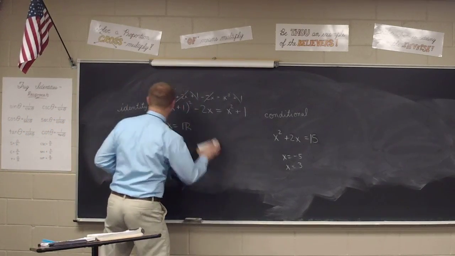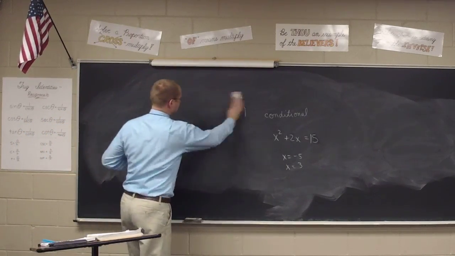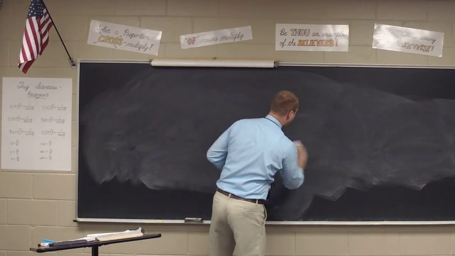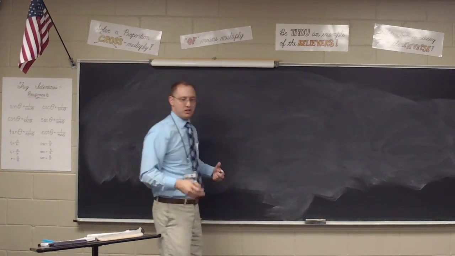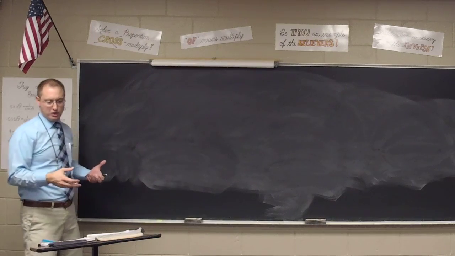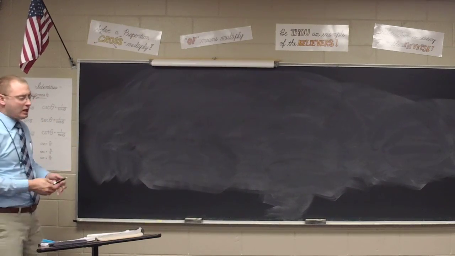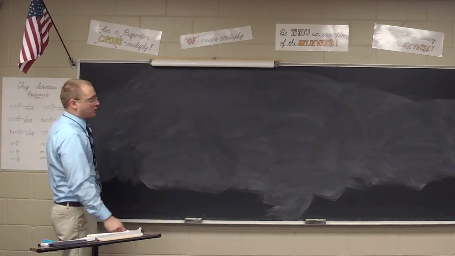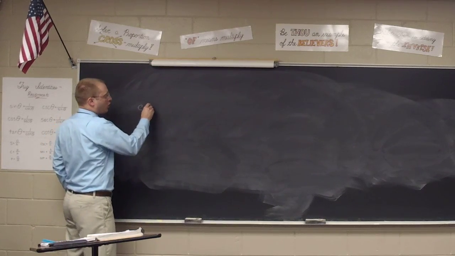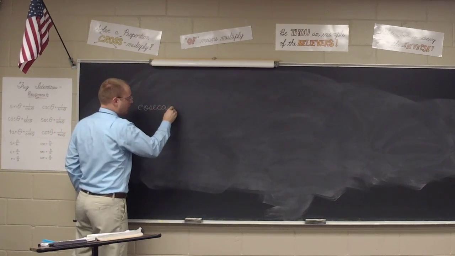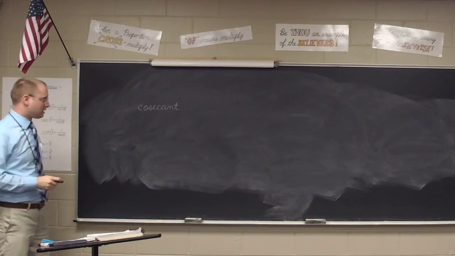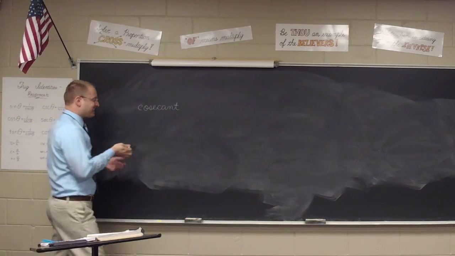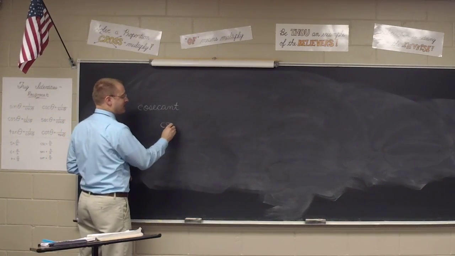What you wrote down in your notes a moment ago, reciprocal identities. These are equations that will always work because, in a sense, they define each other. There are 3 more trigonometric ratios you need to know. The first one is called the cosecant, abbreviated CSC.